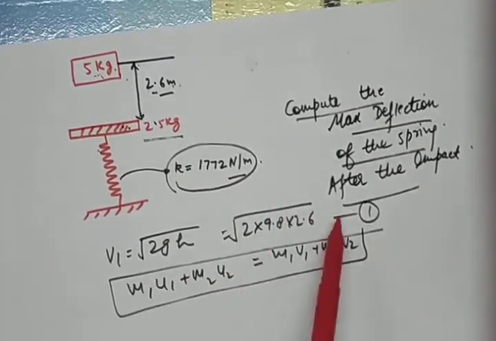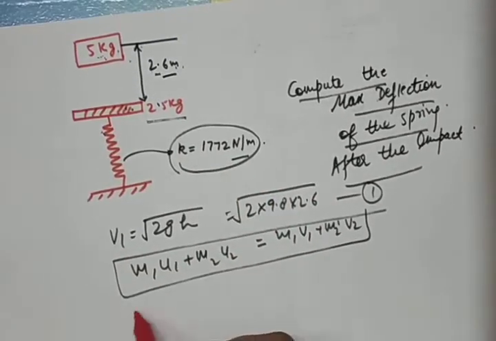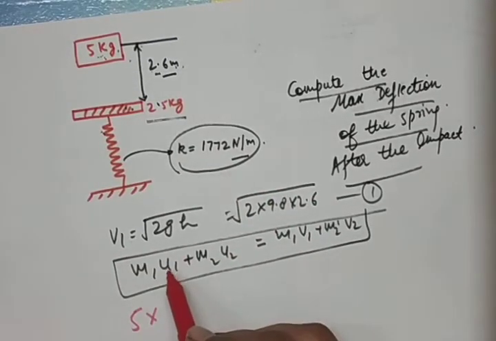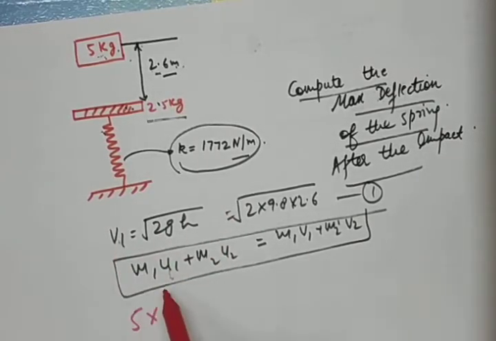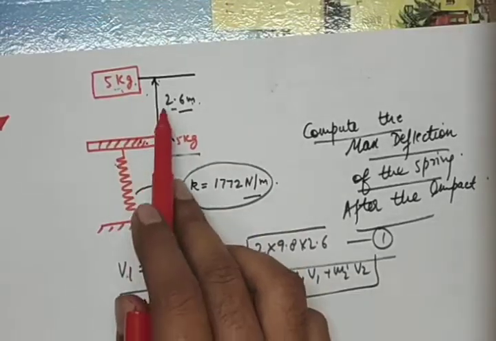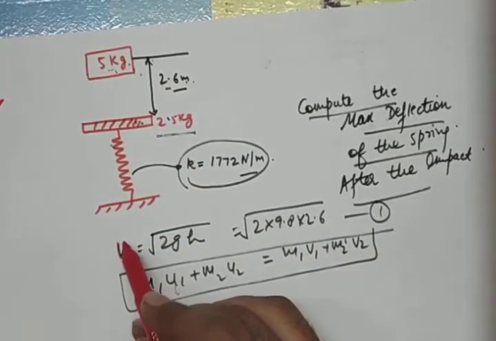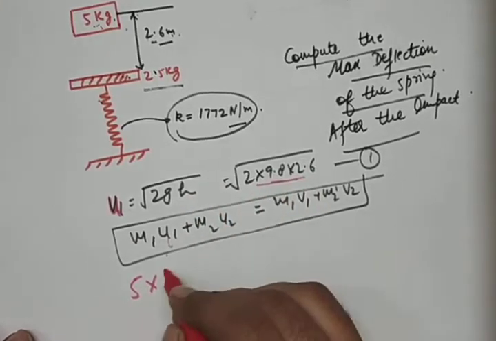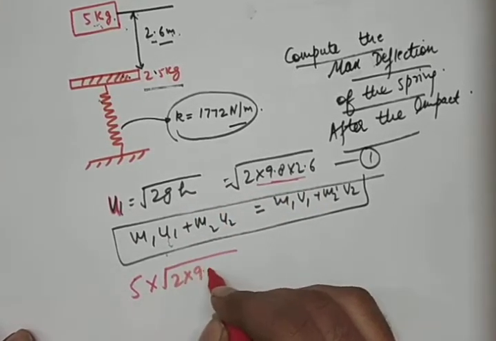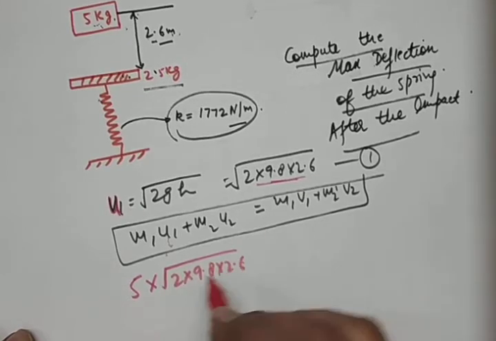It is moving with velocity v1, so this v1 is u1 here because it is moving with some velocity, so you can say this is velocity u1. That will be this value. Let me put this value directly.